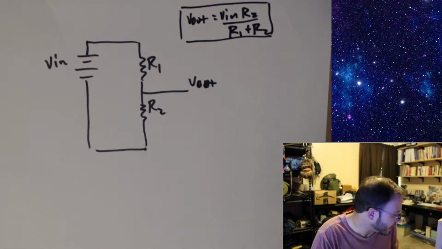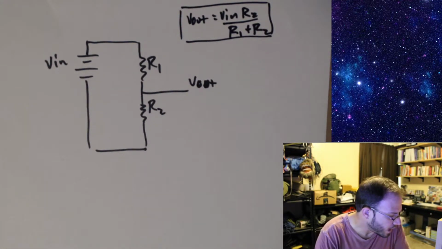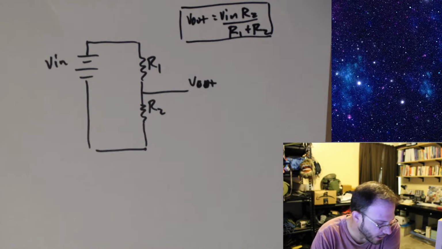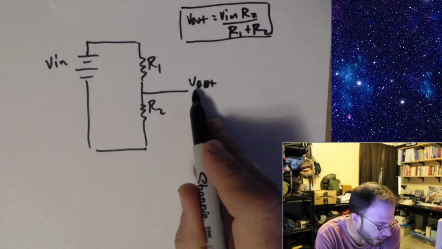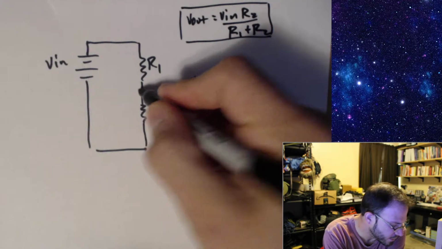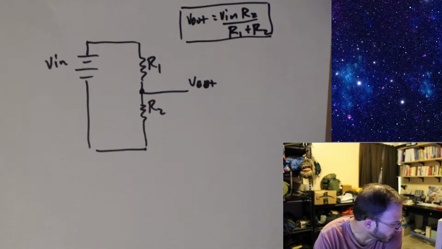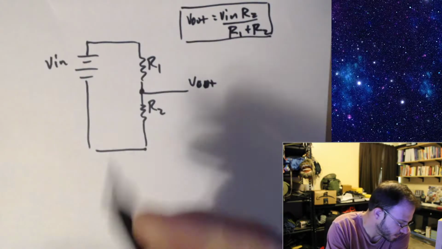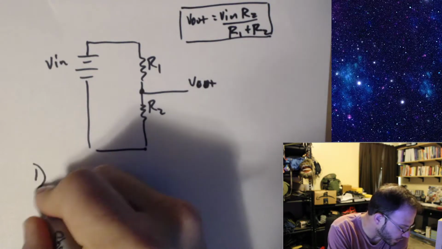Obviously that's a given equation at this point, but let's arrive at this just using our basic rules. So first, let's see what V out is equal to.